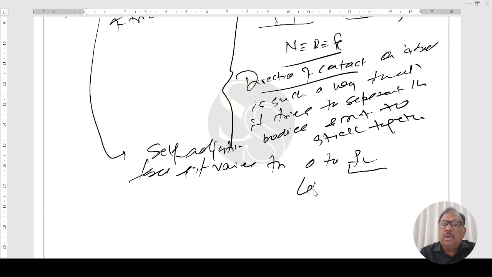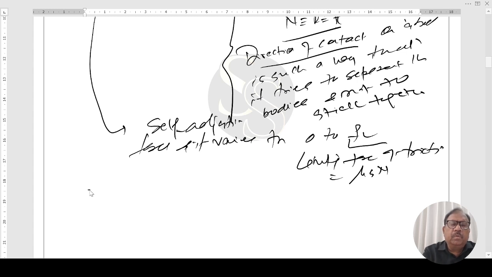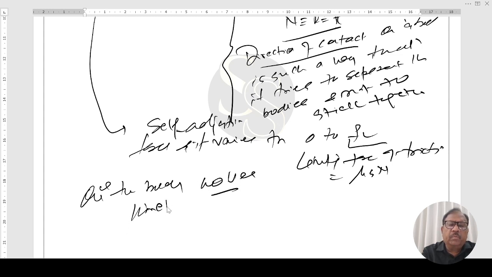FL is the limiting force of friction, that is equal to µsN. Once the body moves, kinetic force of friction comes into play.